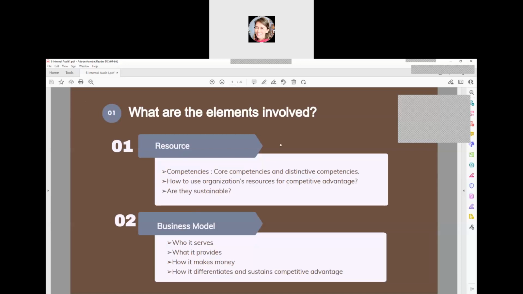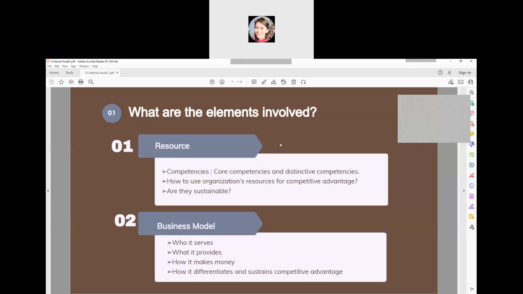The organization would be concerned about their methodology, how they use their resources appropriately to achieve the competitive advantage. How can the organization make good use of their resources to achieve competitive advantage? So simply questions like, are their strategies good enough to withstand the stiff competition out there? That's one of the questions.